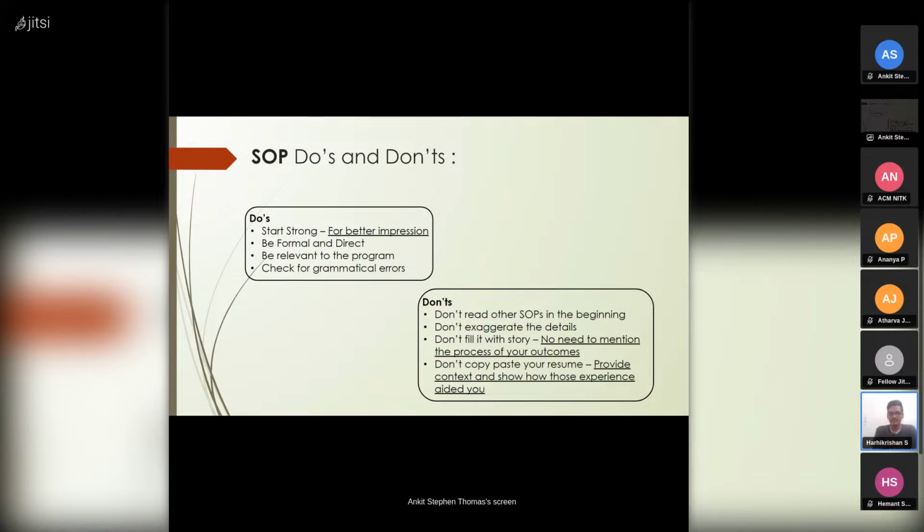And do not copy paste everything from your resume, because a resume is just short-form, with a little bit of detail, but you have to give a full narration about those details. Like, you did a research internship in 2021, and then the next internship in 2022. You have to be proper enough to relate the first and second internship, and you have to show how that experience aided you. And yeah, next slide please.